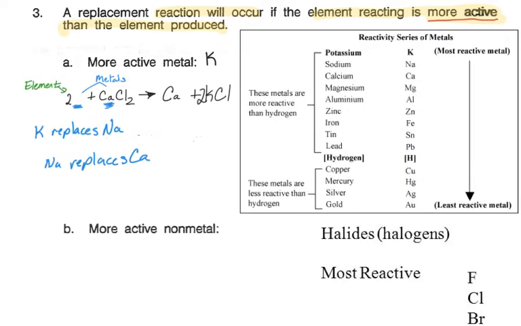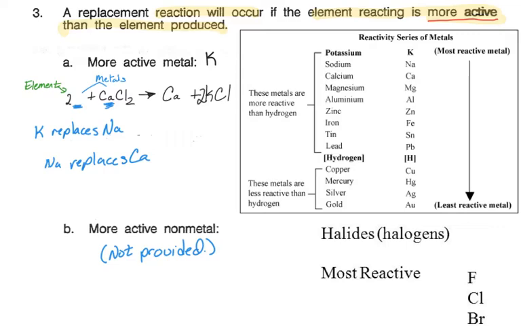Our second set includes the halogens. And again, the more active nonmetal will replace a less active nonmetal. We see that fluorine is the most active of the nonmetal halogens, and iodine is the least active. So this follows the same pattern as the periodic table. I do not usually provide this to you because it is the same as the periodic table.